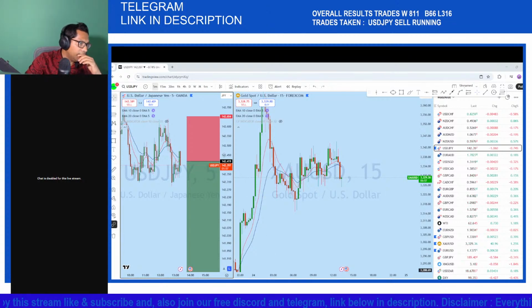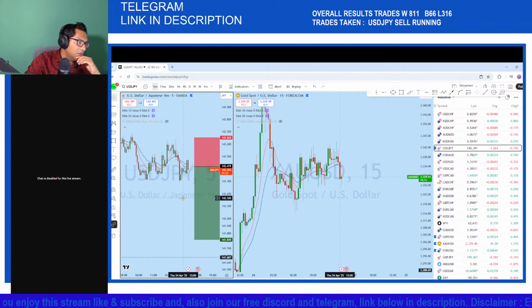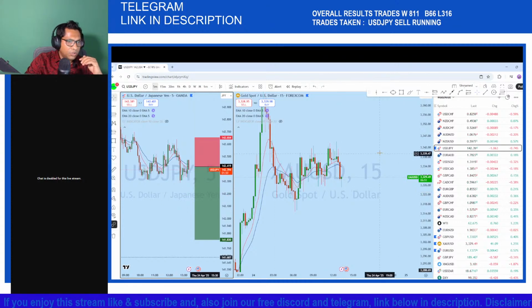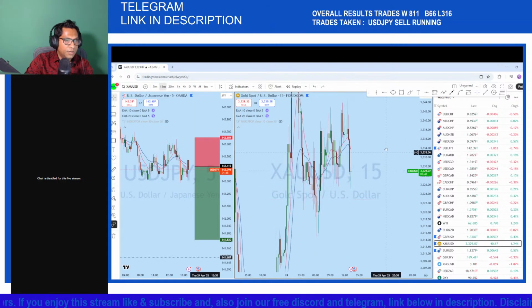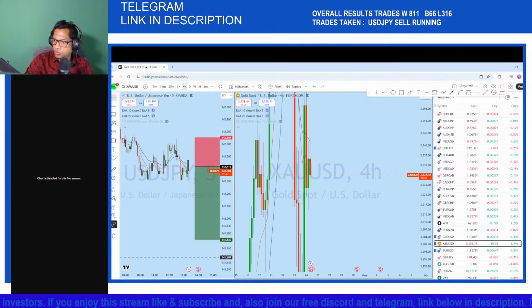Okay, so dollar yen in this area, after the break of this high, the market started to return back in the direction, and we are waiting for the price to come back here and then return back. We'll be looking to see that potential trend in this market.